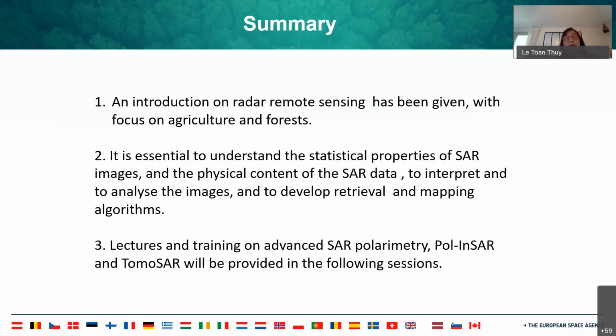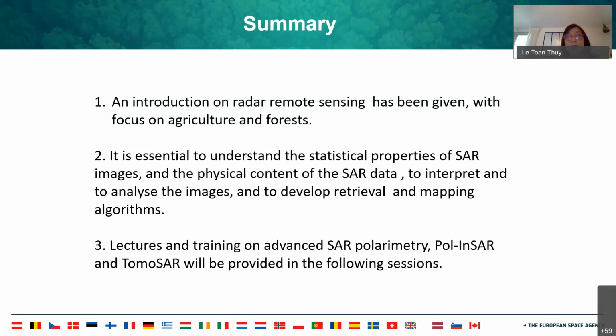I have given an introduction of SAR remote sensing with some focus on agriculture and forest. It is essential to understand the statistical properties of SAR images and the physical content of the SAR data to interpret and analyze the data, and to develop retrieval and mapping algorithms.